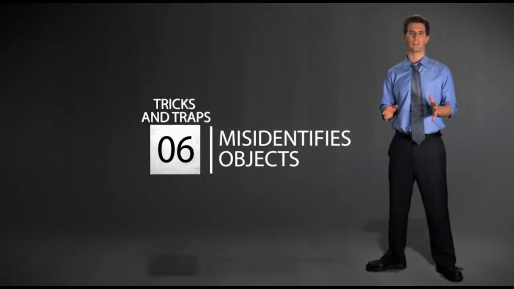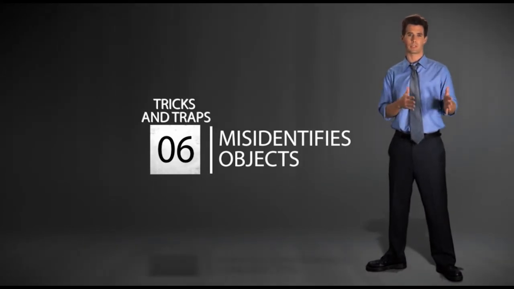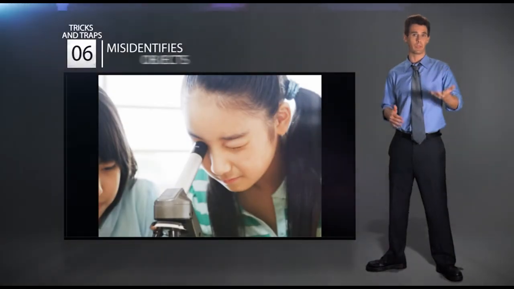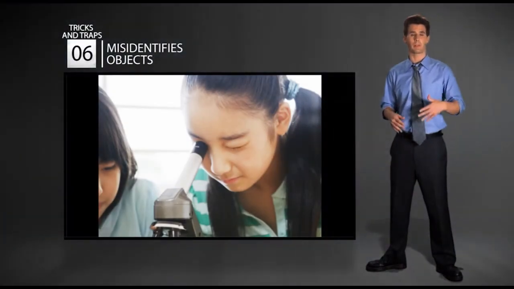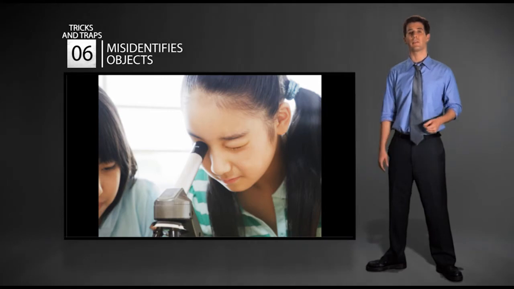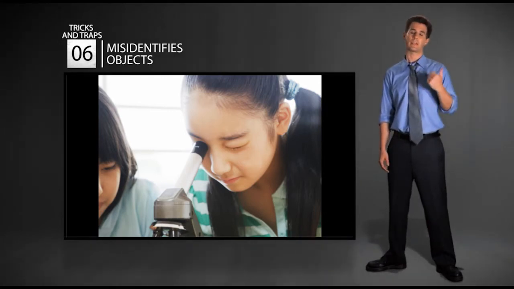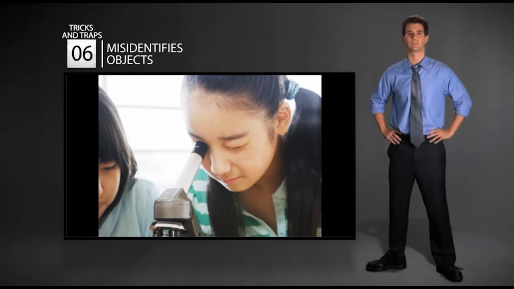Next is when the answer choice misidentifies an object that we see in the picture. If there is a computer in the picture, the answer choice will say there is a fax machine. Let's take a look at another example.